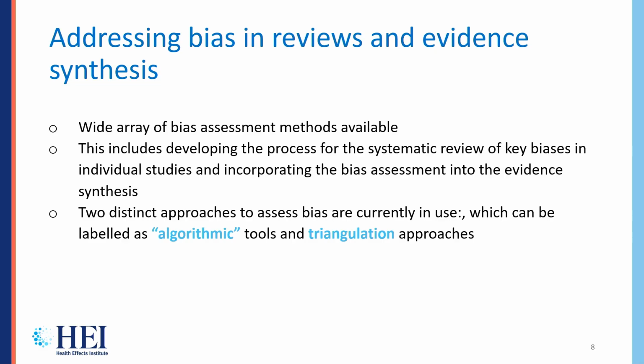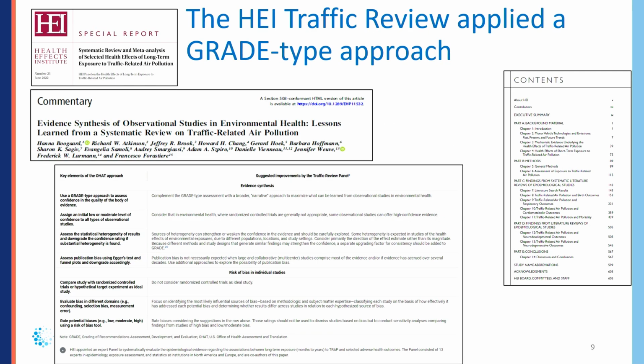And in general, the methods that have been proposed to assess causality in this evidence synthesis approach can be separated in 2 large classes. One is algorithmic tools to be applied that are more strictly formulated, and the other is triangulation, more like a narrative approach of combination of different findings.